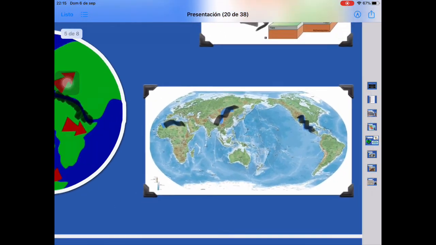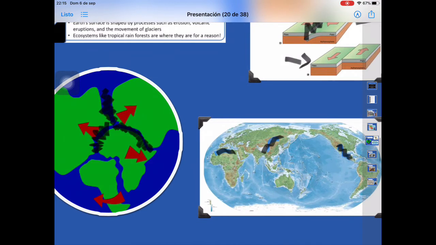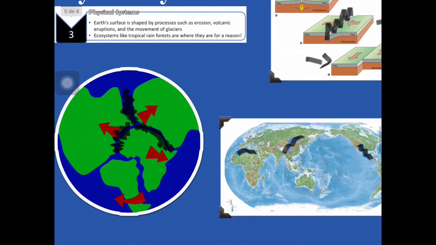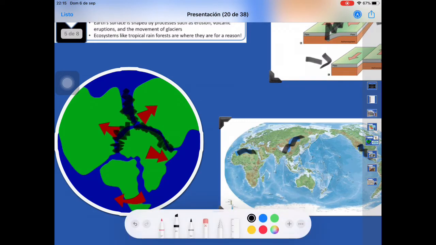So for example, over here I am going to draw this. We can find some mountains over here that actually are the same as some mountains over here, and also they are related to some mountains over here.